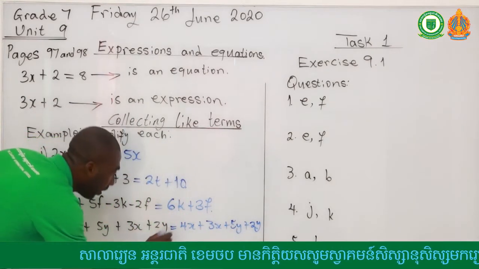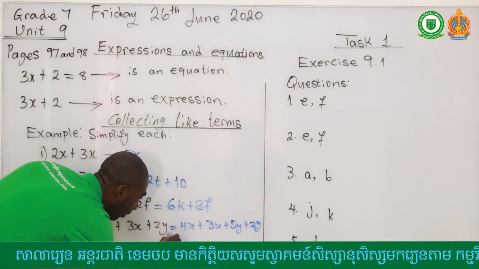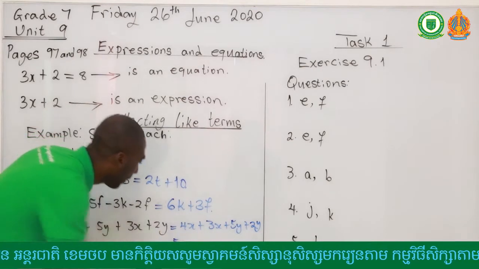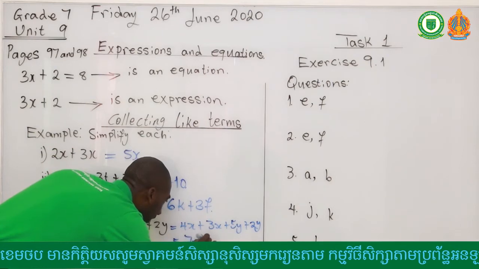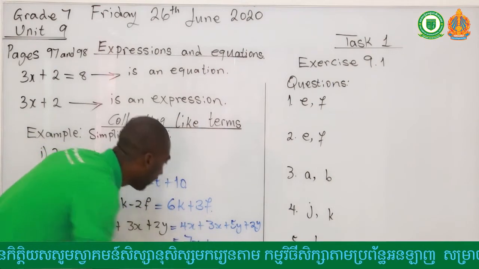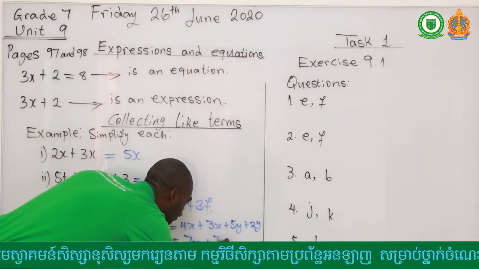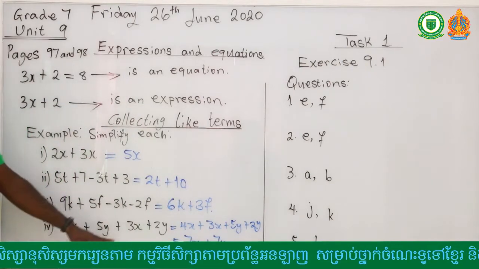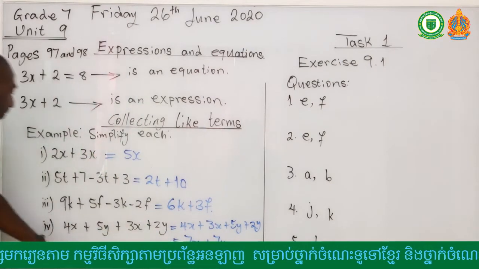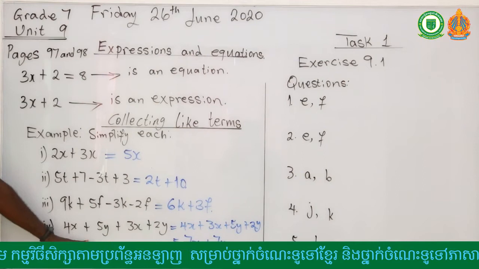Okay, so this will continue, so we'll add the x, that will give us 7x plus 7y. Okay, so this becomes our final answer for this expression.